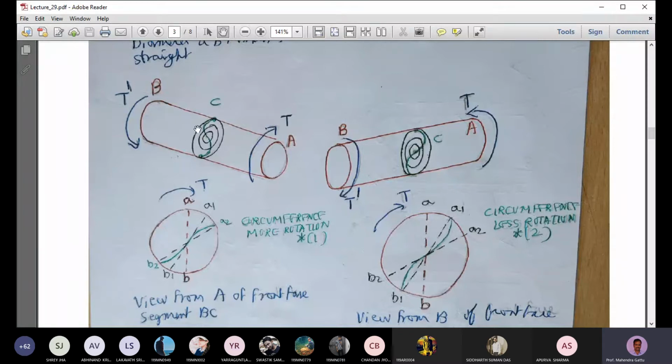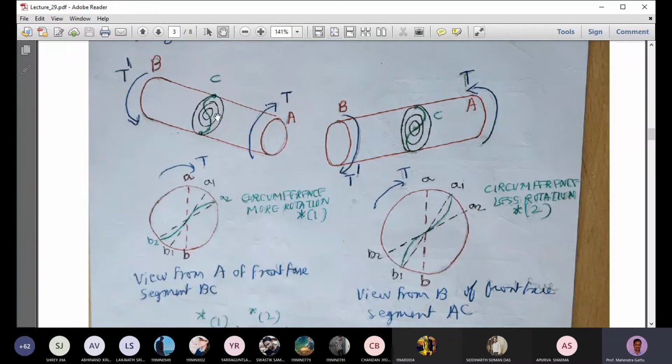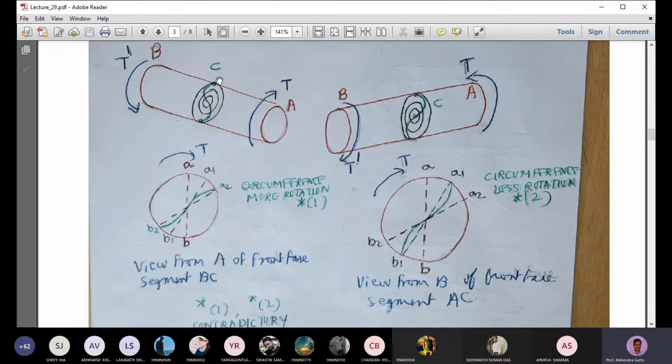Now let's look at those inner circles and look carefully at what is happening. We are focusing on segment BC, and we are looking at these inner circles. From this perspective, we have our circle. Let's assume the diameter is initially AB, and let's sketch two more lines, A1 B1 and A2 B2.